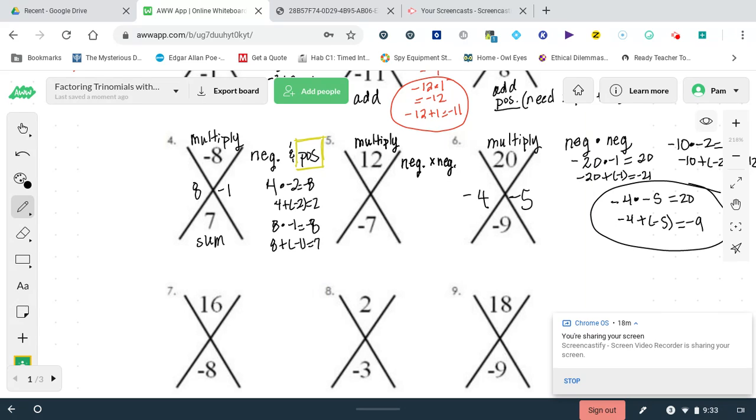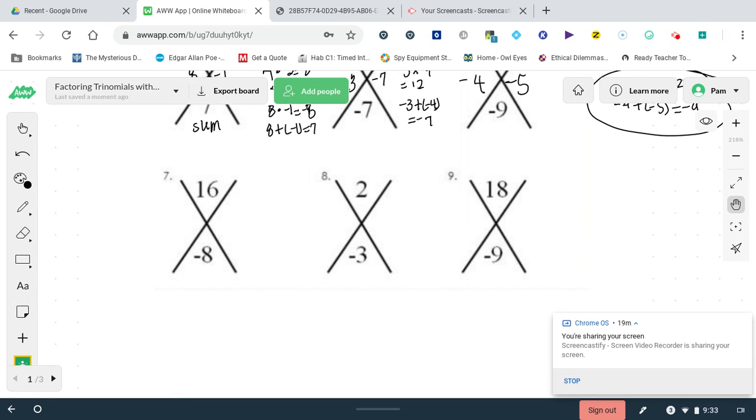Okay, so now I know that negative 3 times negative 4 is positive 12. And negative 3 plus negative 4 is negative 7. So my numbers on the sides of the x are negative 3 and negative 4.